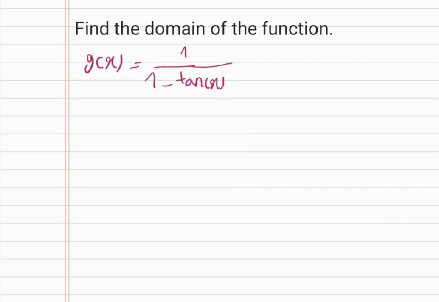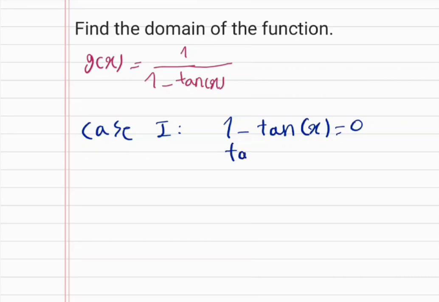Now let's start with the maybe more obvious case, which is when the denominator is 0. So we can start like this. Case 1, when the denominator is 0. So denominator is 0 when 1 minus tan x is equal to 0. We can rearrange this equation, which is a trigonometric equation.